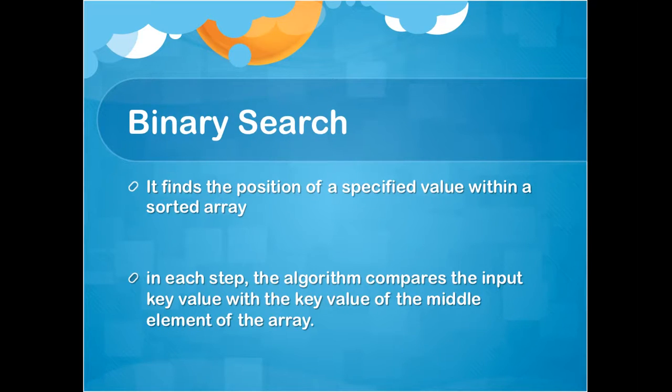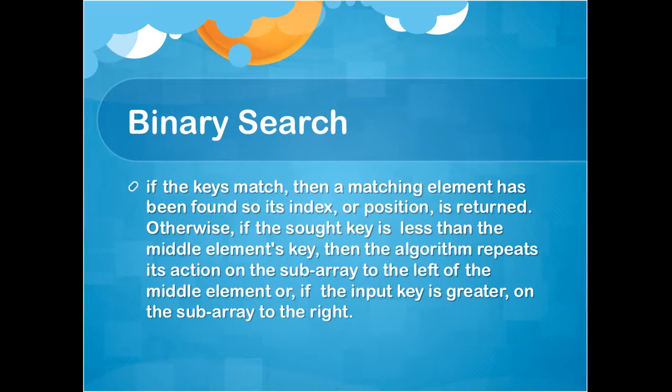If the keys match, then a matching element has been found, so its index or position is returned. Otherwise, if the search key is less than the middle element's key, the algorithm repeats its action on the sub array to the left of the middle element.